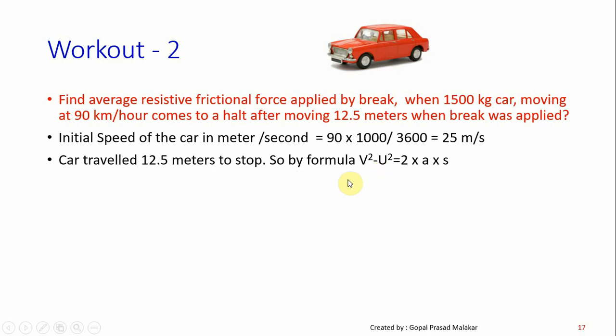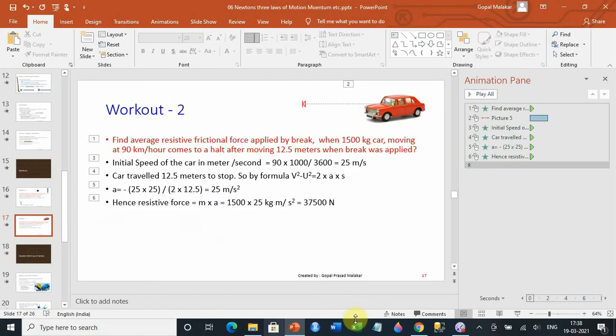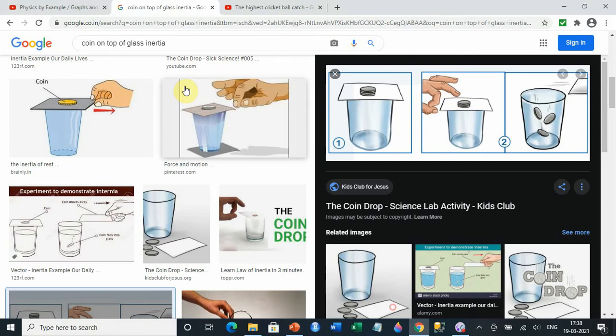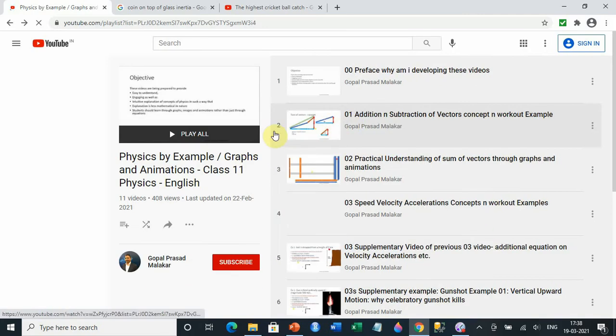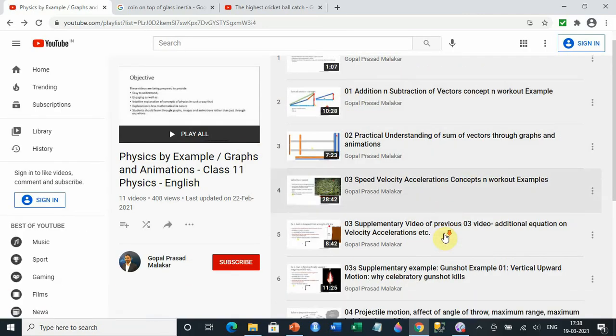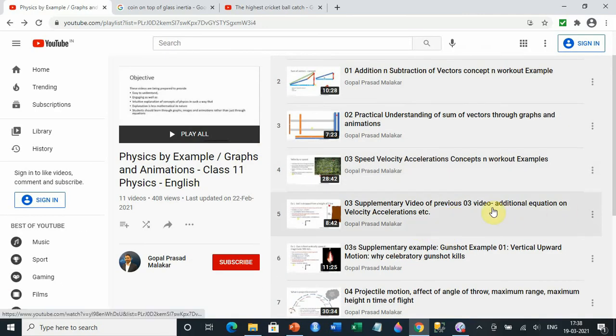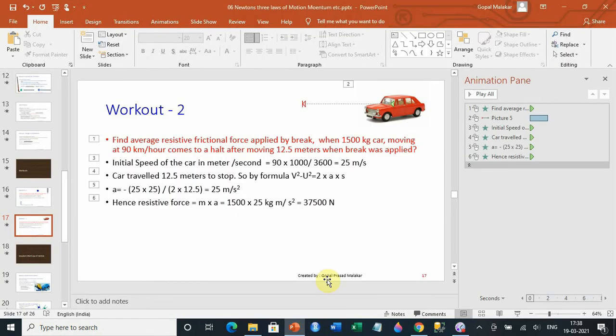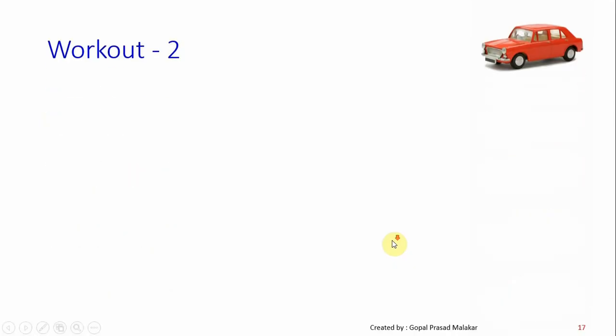If you recall the formula, good, and if you don't, I recommend looking at this set of videos, the physics by example playlist where I am putting all the videos. This is the third example, where I solved the equation v square minus u square equals 2as. So you can see this formula if you are not clear, otherwise I have already explained it. That's the formula we'll apply to get the acceleration.